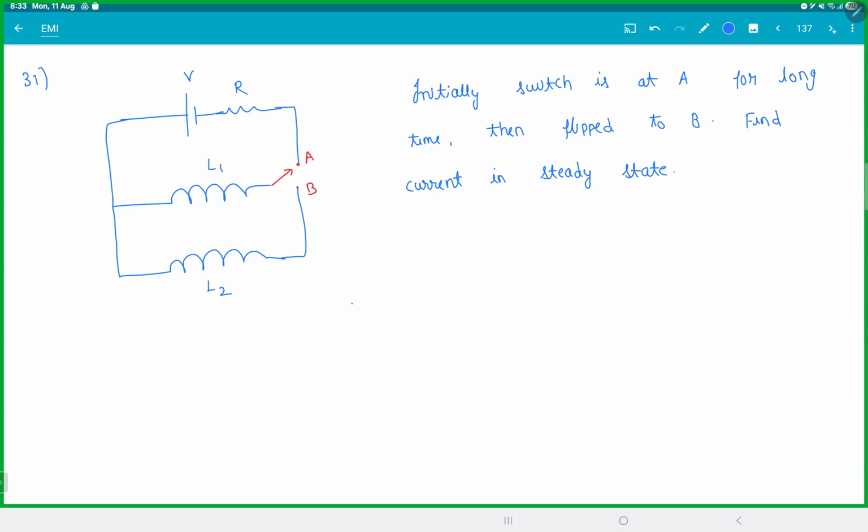How does this work? So we have seen something like this in the LR discharging circuit, where you connected an inductor to a resistor.